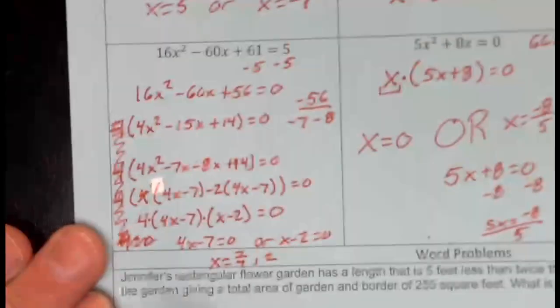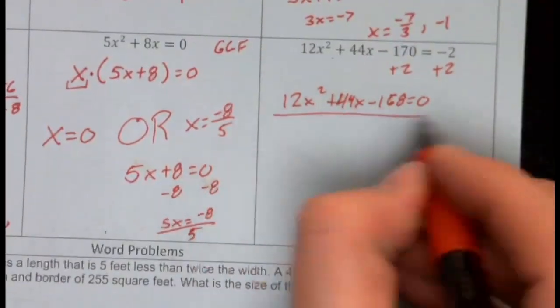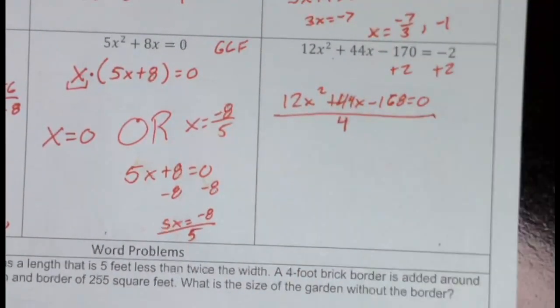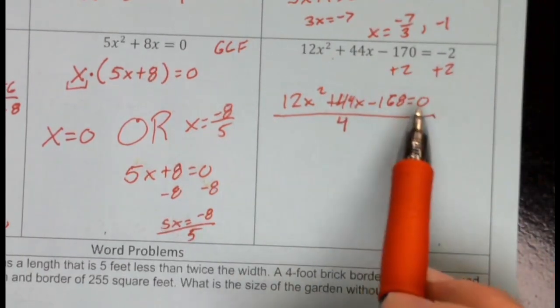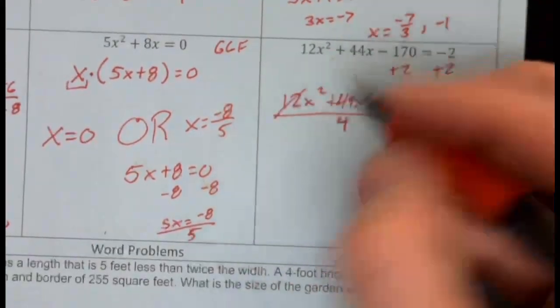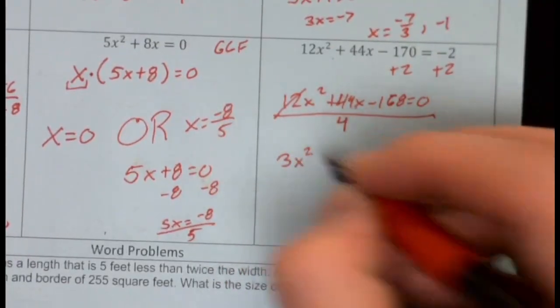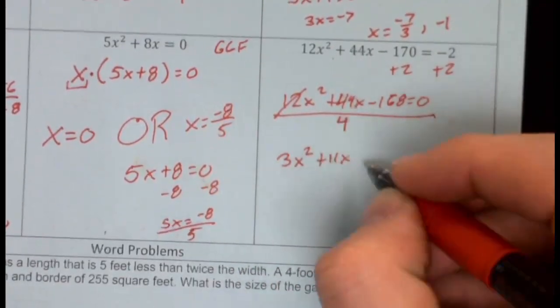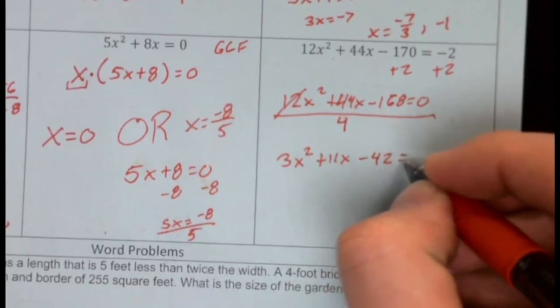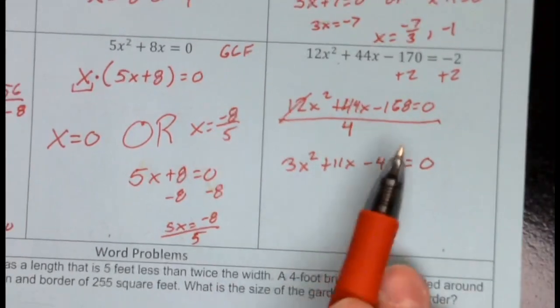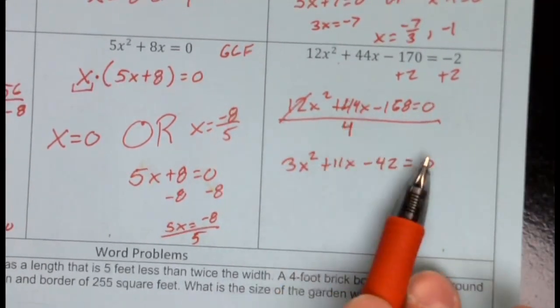So instead of factoring out the 4 like we did on this first problem, we're going to divide every single number by 4, including the 0. That makes this 3x squared plus 11x minus 42 is equal to 0. Thankfully, 0 divided by 4 is still 0.